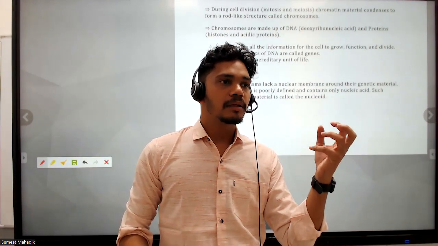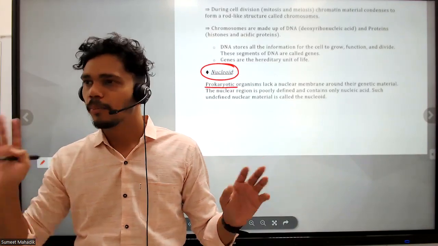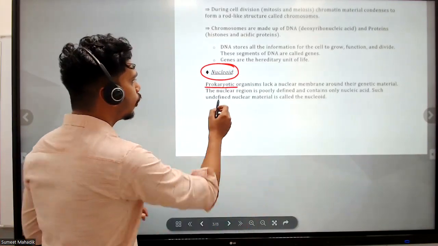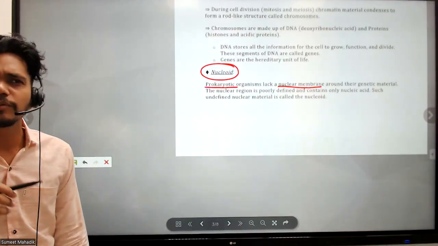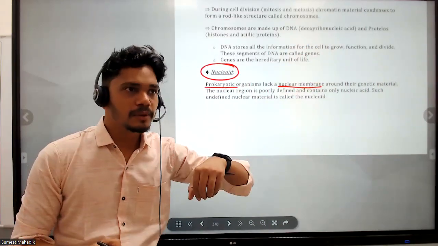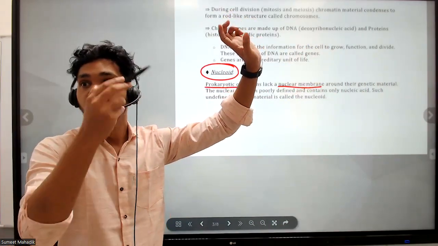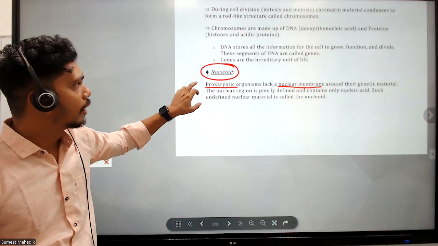Eukaryotes are well advanced ones. Prokaryotes are not that well advanced, right? Mostly they're unicellular. Prokaryotic organisms lack a nuclear membrane. What is the function of the nuclear membrane? From the cytoplasm, something has to come into the nucleus. What is required? Nuclear membrane is required. But that is absent in whom?